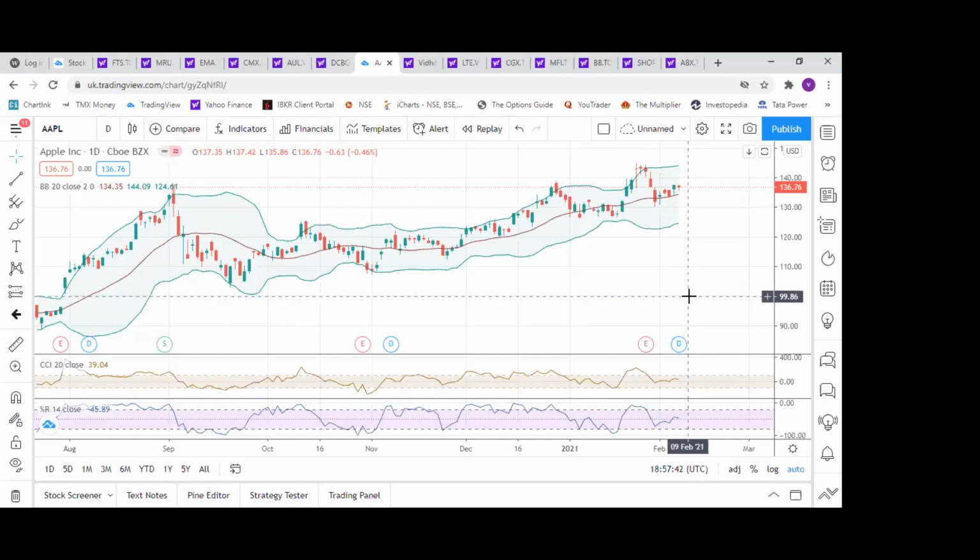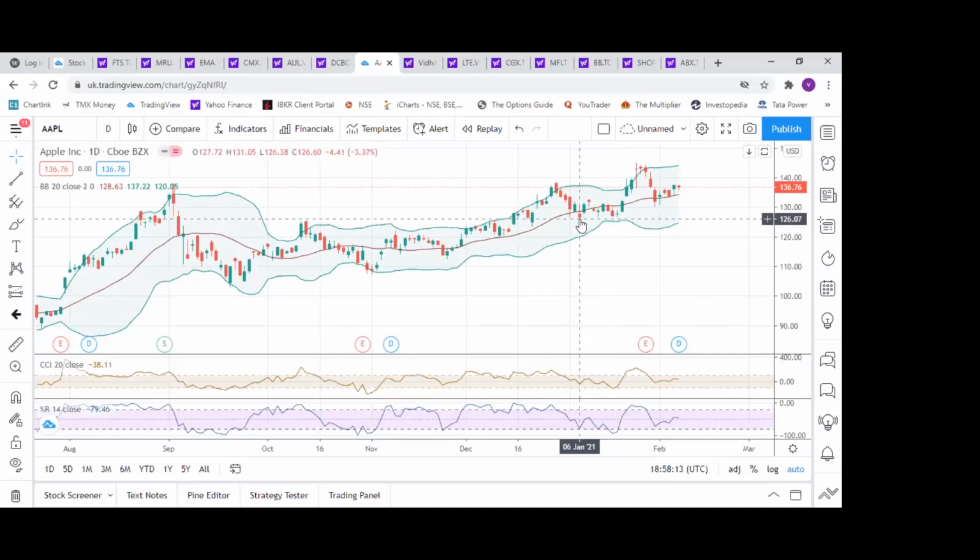Why will it correct? The dividend has already been announced, so people might exit. Now if I have to enter, my first entry level will be somewhere over here, because these four candles were almost at the same levels.